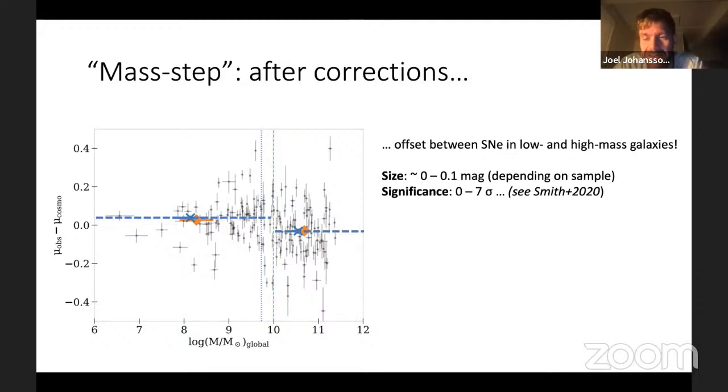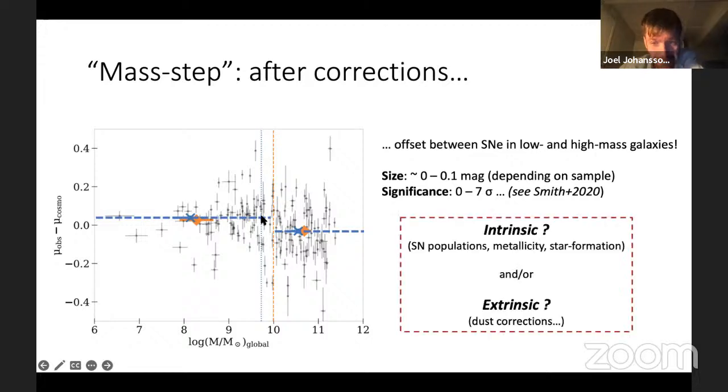So it's been debated back and forth, varying between different supernova samples, what the size of this mass step is, and also the significance of this discrepancy. But I think today most people agree that there is something we're doing wrong in the corrections. And then the question is, of course, is it due to intrinsic effects?